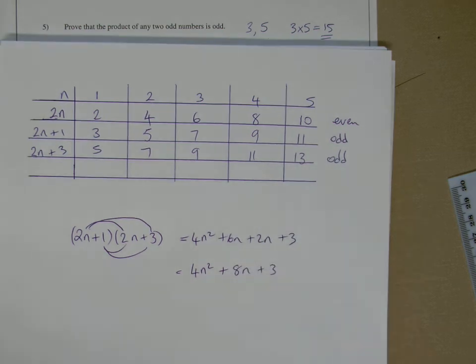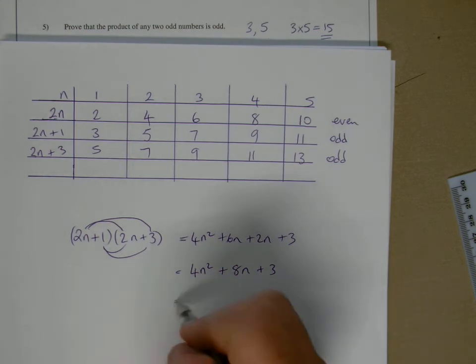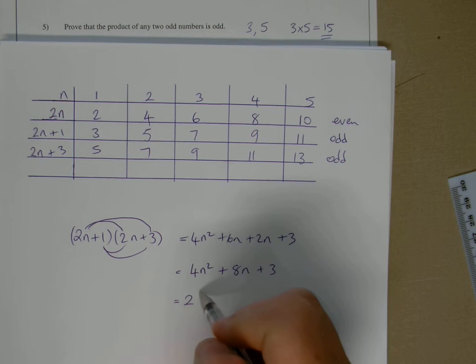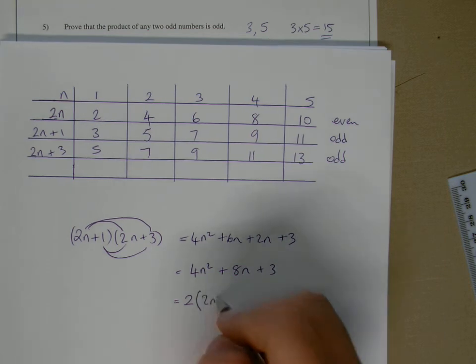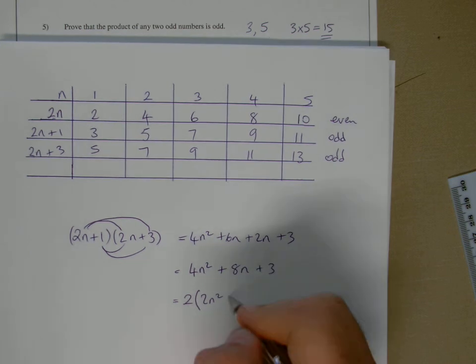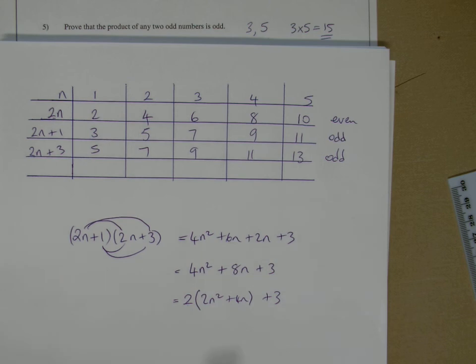What I want you to notice is that these first two terms, I can take out a common factor of something. I could take out a common factor of 4, but more specifically, I could take out a common factor of 2. If I take 2 out, 2 times 2n squared gives me that, and 2 times 4n gives me that, and then adding on 3. Of course, this part now has got to be even, because it's got a factor of 2.